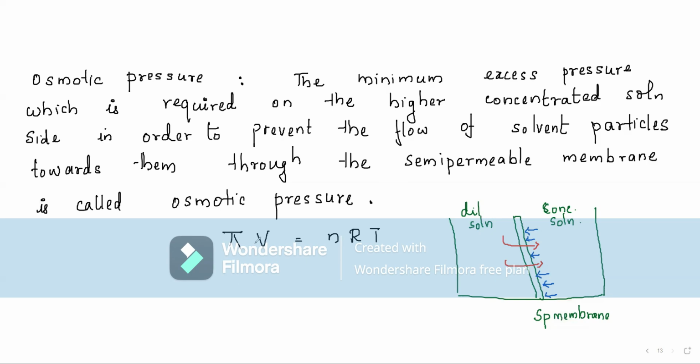Now, osmotic pressure of a solution can be compared with the ideal gas equation. Hope you remember PV = nRT, which we studied in 11th grade for ideal gas.